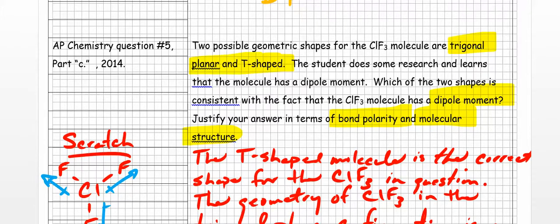Justify your answer in terms of bond polarity and molecular structure. In my answer, I've certainly addressed those two issues. I've talked about the bond polarity, how the bonds were all polar but didn't cancel each other out in the T-shaped molecule. Therefore, that was going to be the answer, since the student's research indicated that there was a dipole moment.